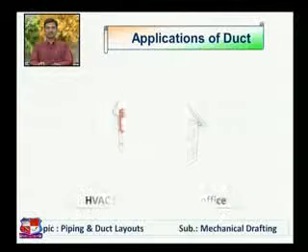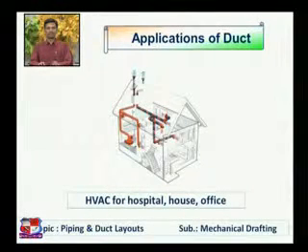Now, another example of application of duct. A duct can be used for HVAC, for hospitals, houses and offices. This is just a diagram to show heating, ventilation and air conditioning of, it may be a hospital, it may be a house, or it may be an office. Here pipelines are drawn.